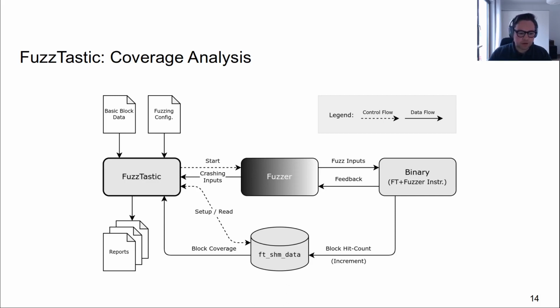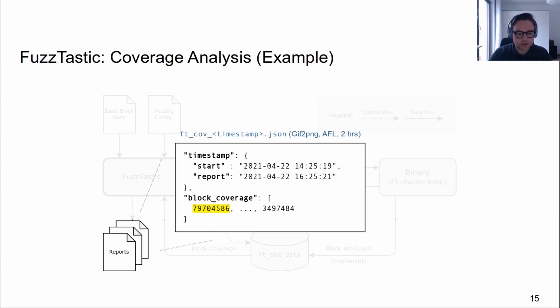An example of such a coverage report is shown in this code snippet here. Again, it's persisted in the JSON format and it stores two timestamps. The first timestamp indicates the time when the campaign was launched, and the second timestamp indicates the time when the coverage report has been written.